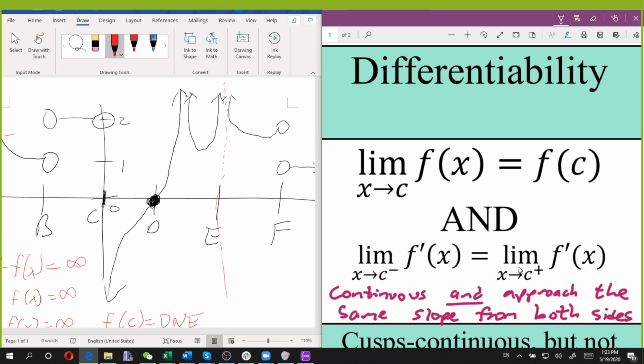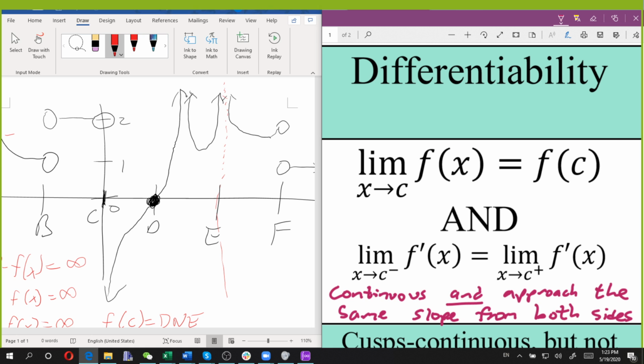Okay, so why am I not differentiable at point C? Okay, so we've got two options.